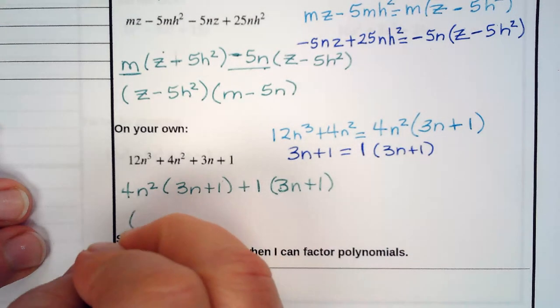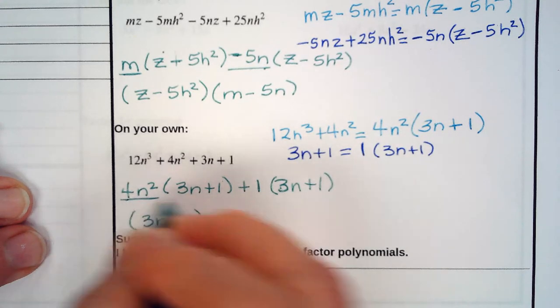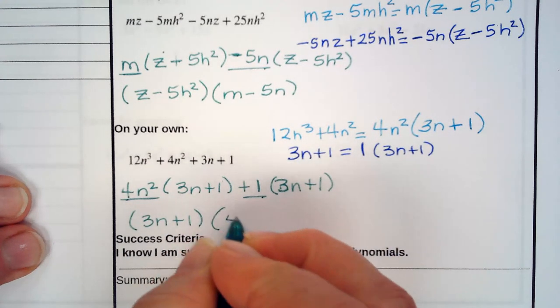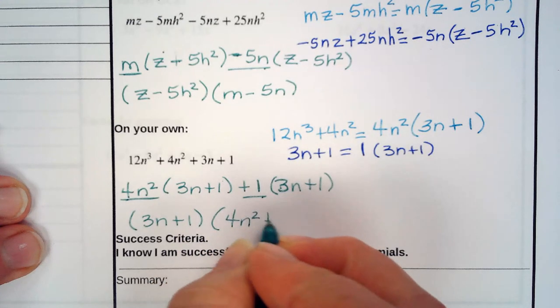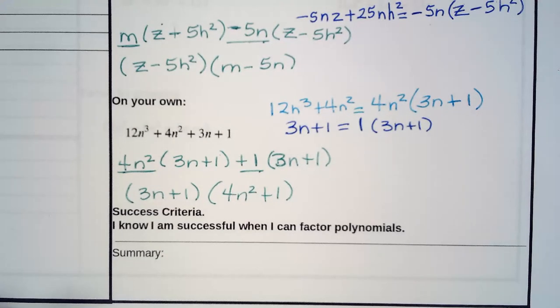Yes. First factor is 3n plus 1. Second factor is 4n squared plus 1. So, we're done. How do you know you're successful? You know you're successful when you can factor any polynomial. So this is factoring by grouping.